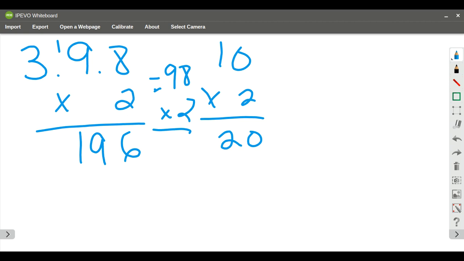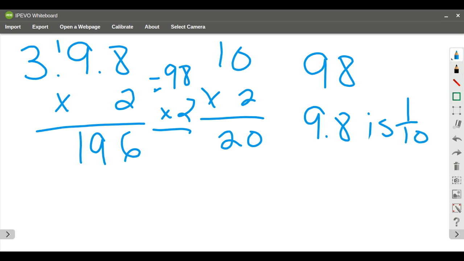So I'm going to look at 98 and I'm going to look at 9.8. So 9.8 is 1/10 of 98. So to go from 98 to 9.8, I multiply by 0.1 or 1/10, which means if I multiply here by 1/10, I need to multiply my product by 1/10.